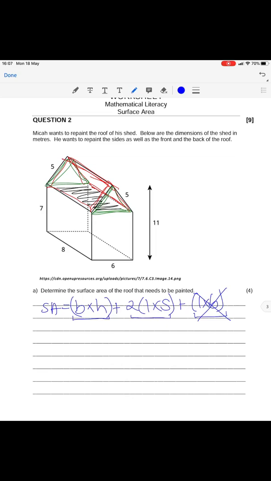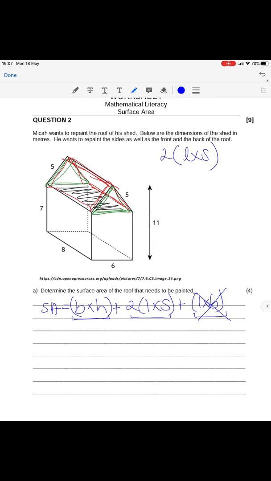Another way of doing this, if you want to work out what you need to measure instead of using a reproduced formula, is if we're looking at the 2 red sides, we know that those are 2 rectangles, and 2 rectangles would be 2 length times side. So that's what we would use over there.